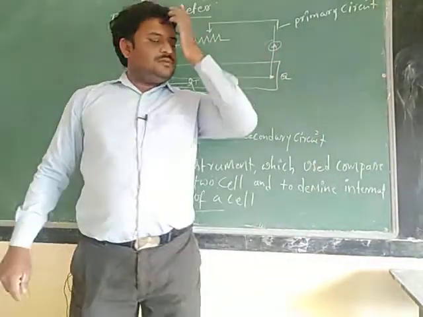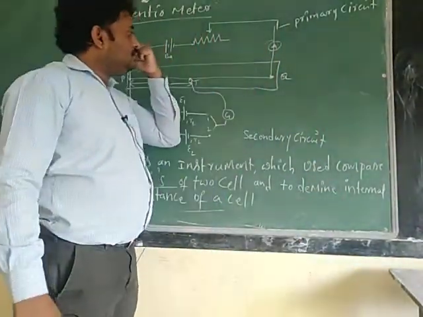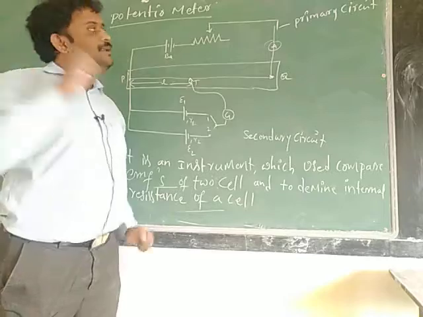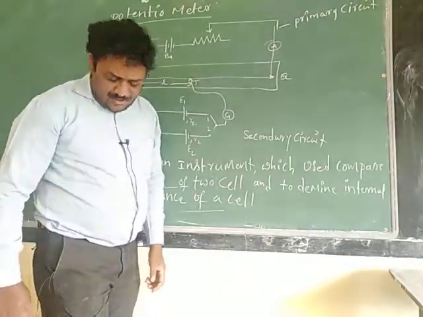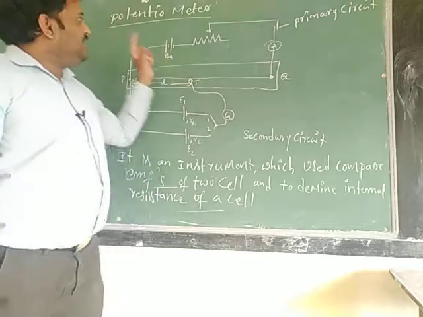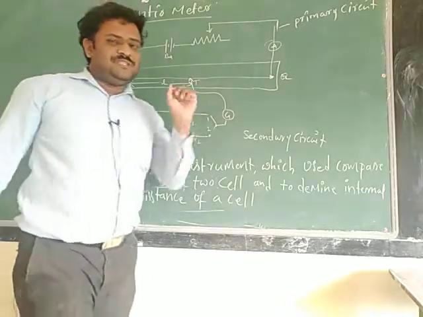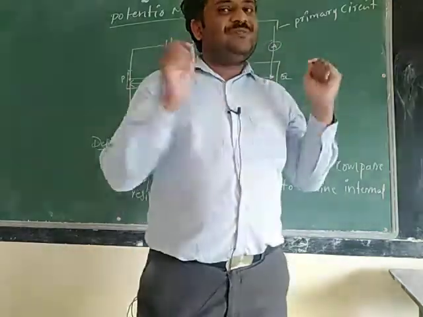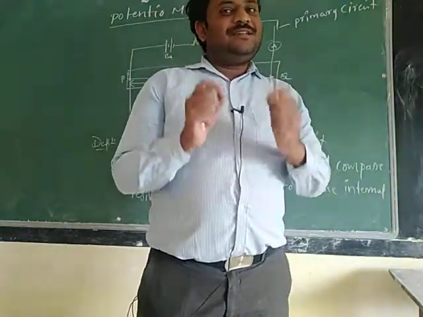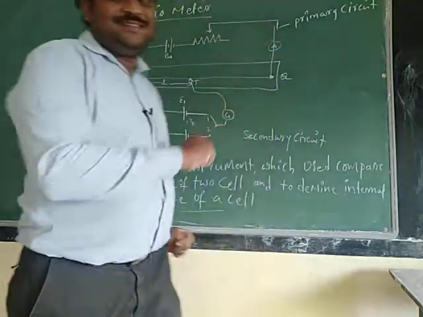Hi. So have you seen what we are discussing so far on the potentiometer? As you know, as per the definition, it is an instrument which is used to determine the EMF as well as the internal resistance of a cell.